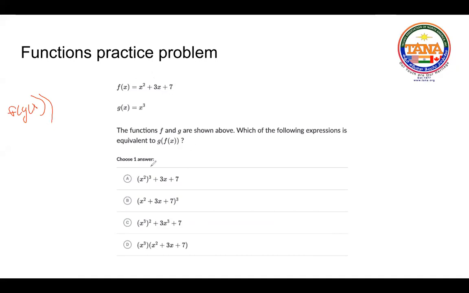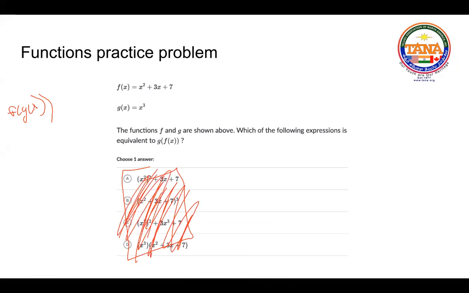Don't just ignore all of this, just put your own equation. I'll give you guys another 30 seconds to do this.